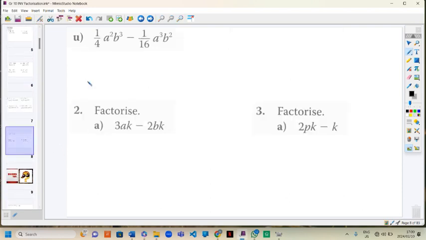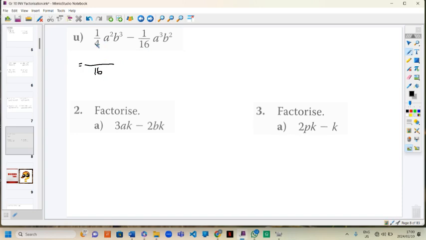Alright, let's do our last few examples. Over here with U, what is common there? First what I want you guys to do, when you have fractions, is first get them to the same common denominator. So over here, let's just do this. If I make it 16, what did I do to 4 to get to 16?